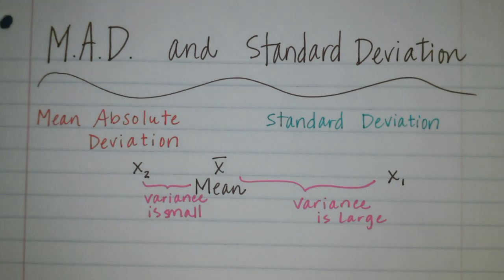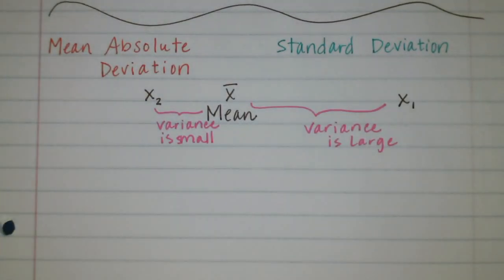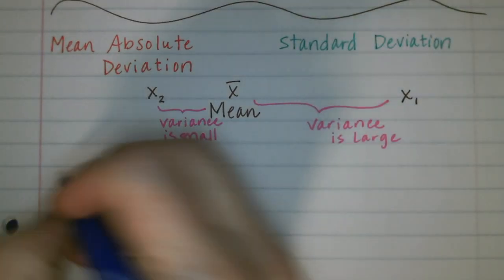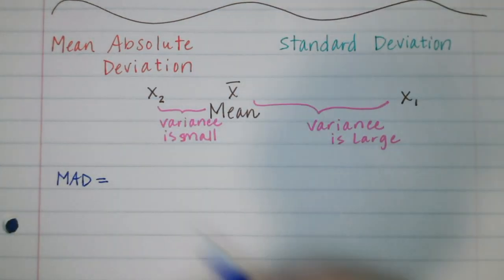All right, so let's go through how to find them. I don't want to scare you, but it is very cool when you look at what the formulas are for these two. Let's do the MAD first. The formula for MAD looks like this.